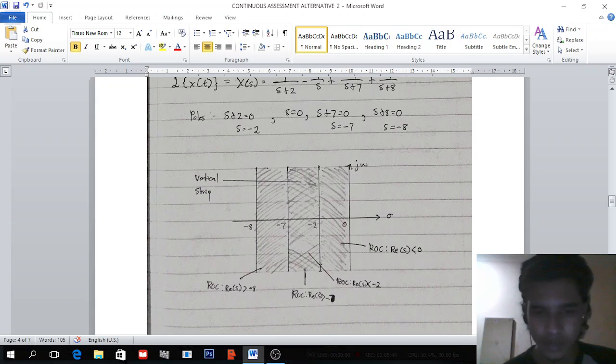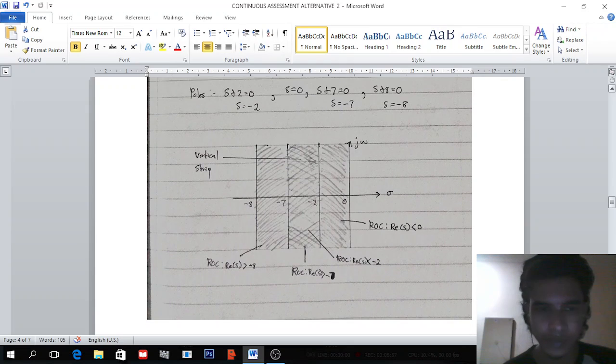I mean it's right-sided and left-sided here. Here the ROC real part is negative 8. So this is the graph of question B.